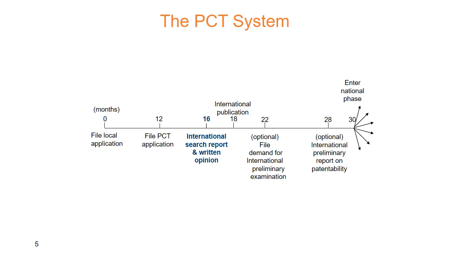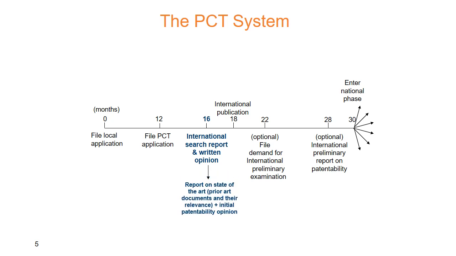The International Searching Authority searches the application and checks for prior art and the state of the art. They make clear whether the documents presented are eligible for the grant of a patent, and they establish this on the basis of a written opinion. Within 16 months from the date of filing, the international search report is given along with a written opinion.